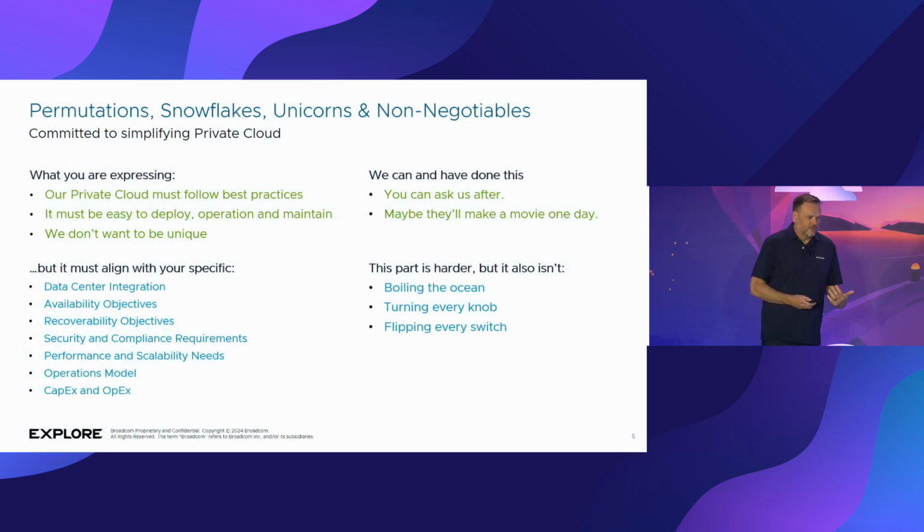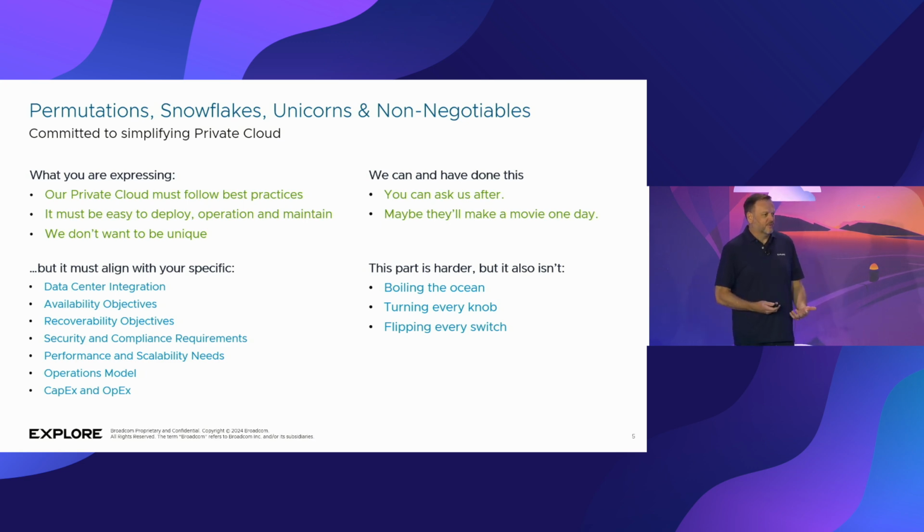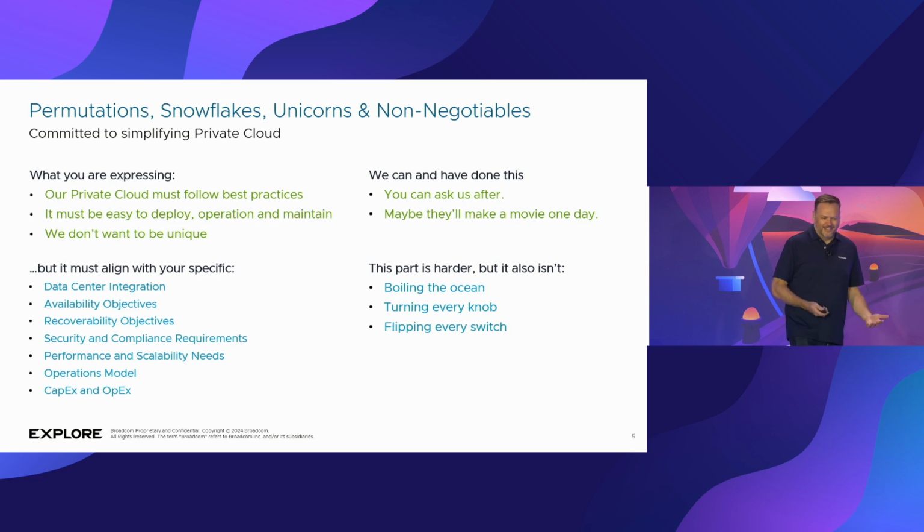We had a problem to solve as VMware when we were talking to all of our customers about cloud, about SDDC, about public cloud, hybrid cloud, and now we're talking to you about private cloud with a public cloud experience, right? But of course, in our product set, there are a lot of different configuration combinations, a lot of different ways to do everything that you can possibly do with our product set.